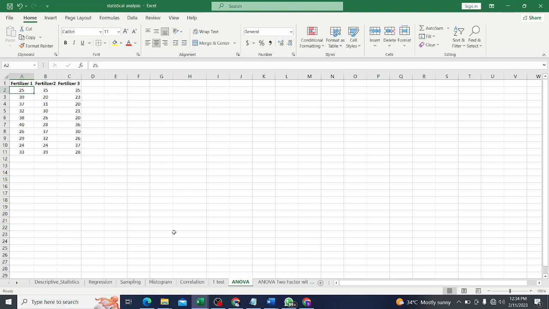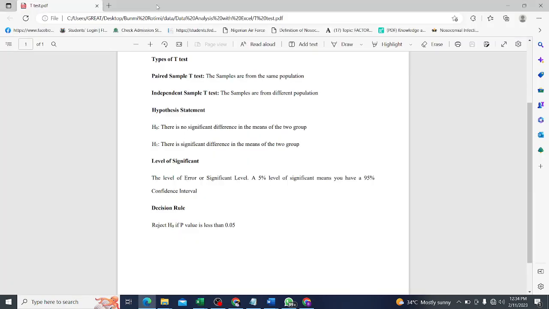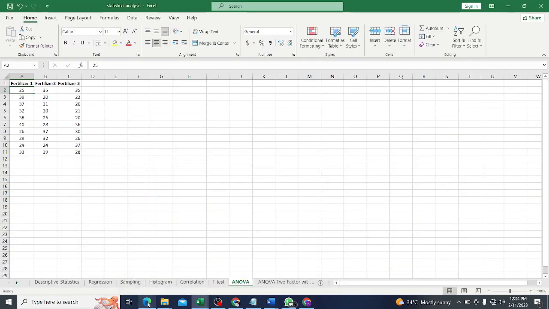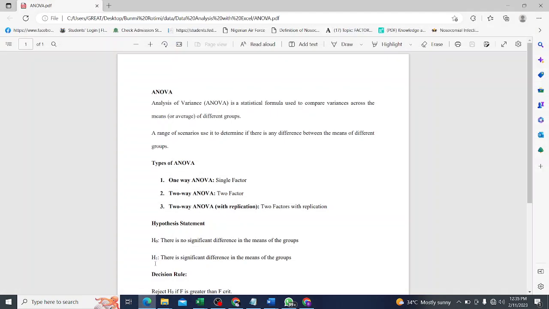So before that, let me quickly show you a few things you need to know about ANOVA. So ANOVA, analysis of variance, is a statistical formula or technique that is used to compare variances across the mean of different groups.